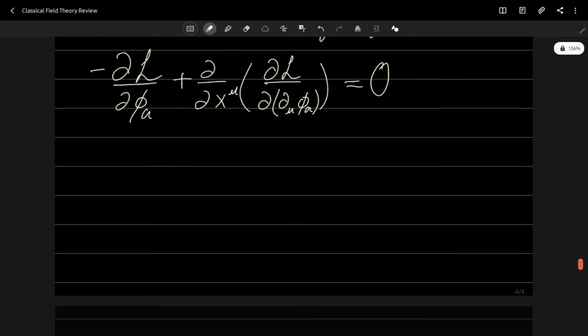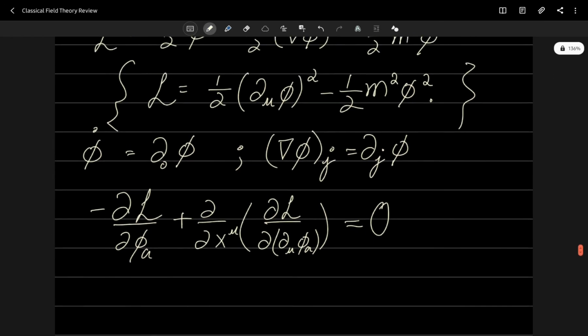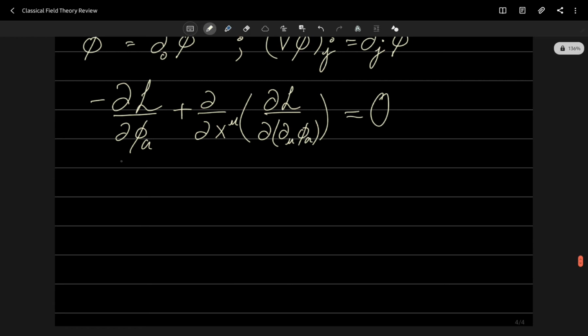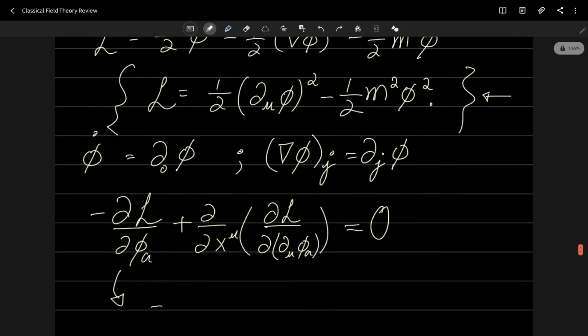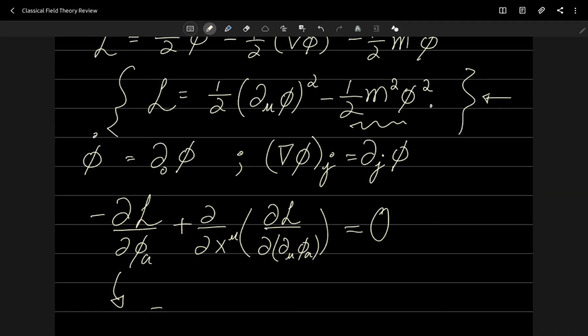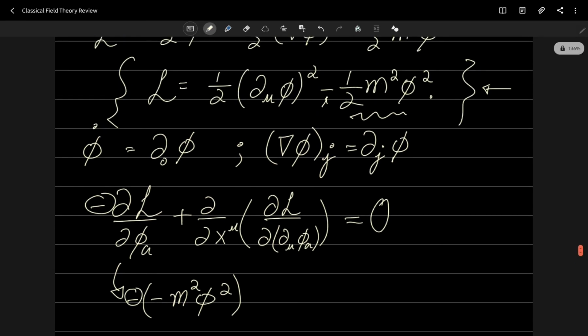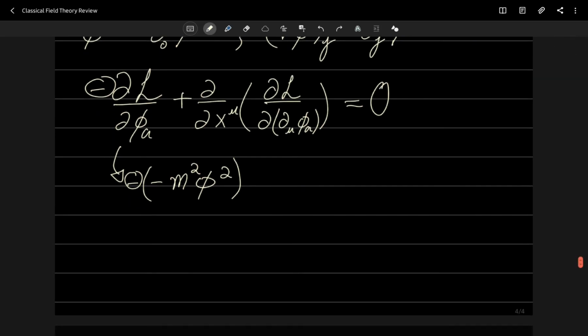Now all we have to do from here is take these derivatives for this Lagrangian density. Here we have a minus sign, and from the Lagrangian we'll have minus m squared phi squared, so minus times minus m squared phi squared; the minus comes down. Of course I don't have to go into that much depth.